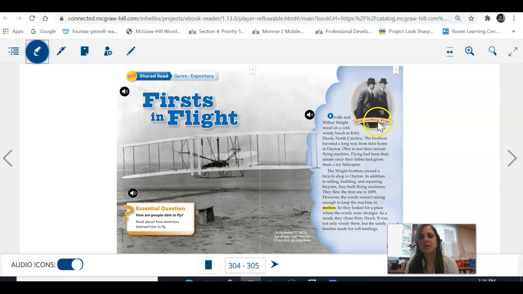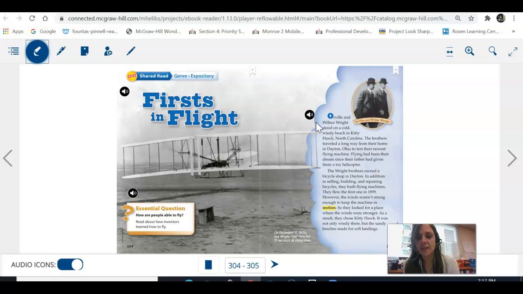Here's Orville and Wilbur Wright, the Wright brothers. And if I see this photo of the Wright brothers and I see a plane, then they must be two people that helped invent the plane, because the title is First in Flight.